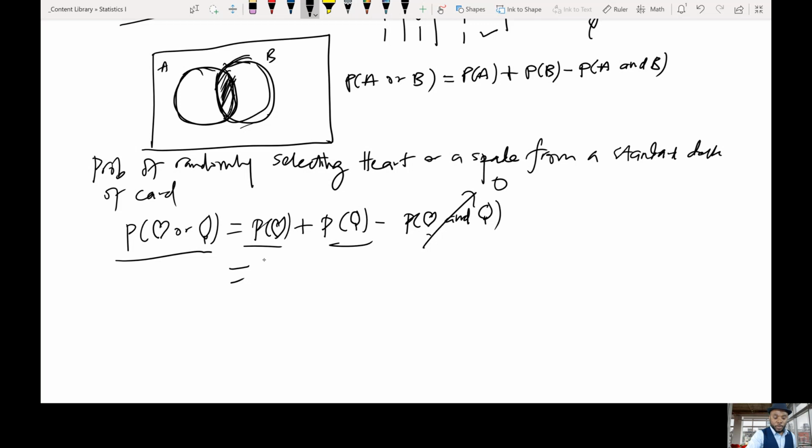And we have seen the first one already, which we said is 13 over 52. Now, what's the probability of a spade? That's also 13 over 52, minus 0, which equals 26 divided by 52, which is 0.5. Sweet. So we have seen here the addition rule.